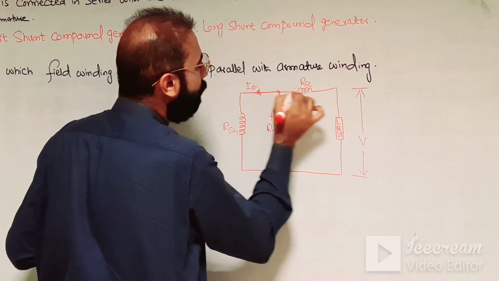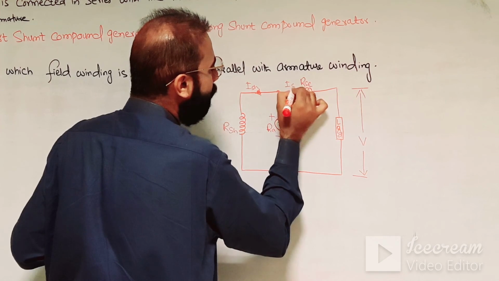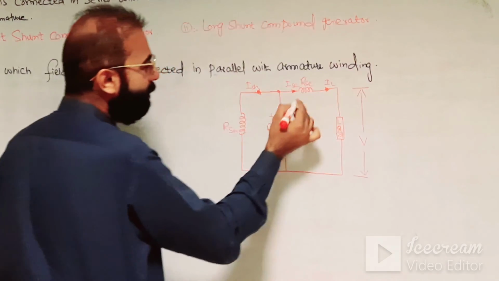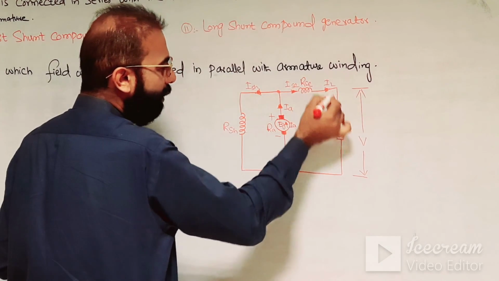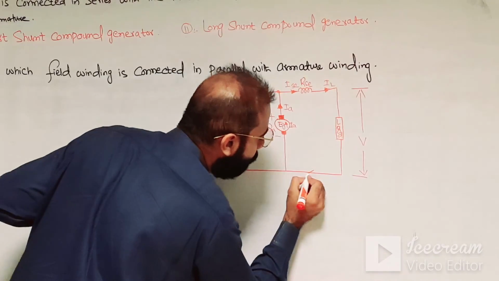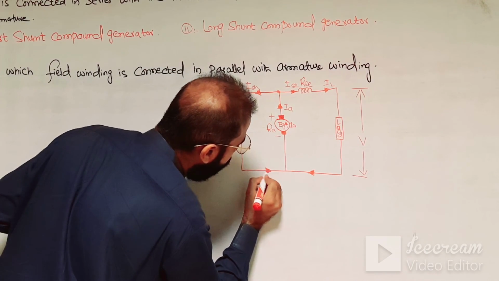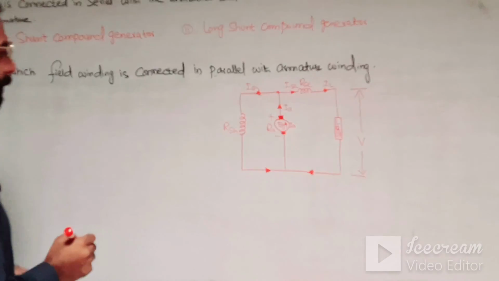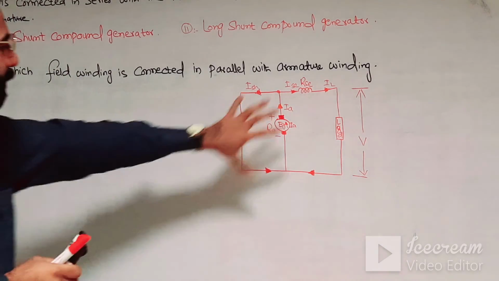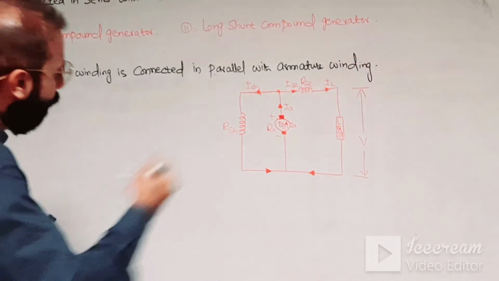This is the I shunt, and this is also the Ia, which is equal to the IL, because you can see the series field winding is connected in series with the load. So this is also the direction of the current, and this is also the direction of the current towards the armature terminals. So you can see this is the circuit diagram of a short shunt compound wound generator.